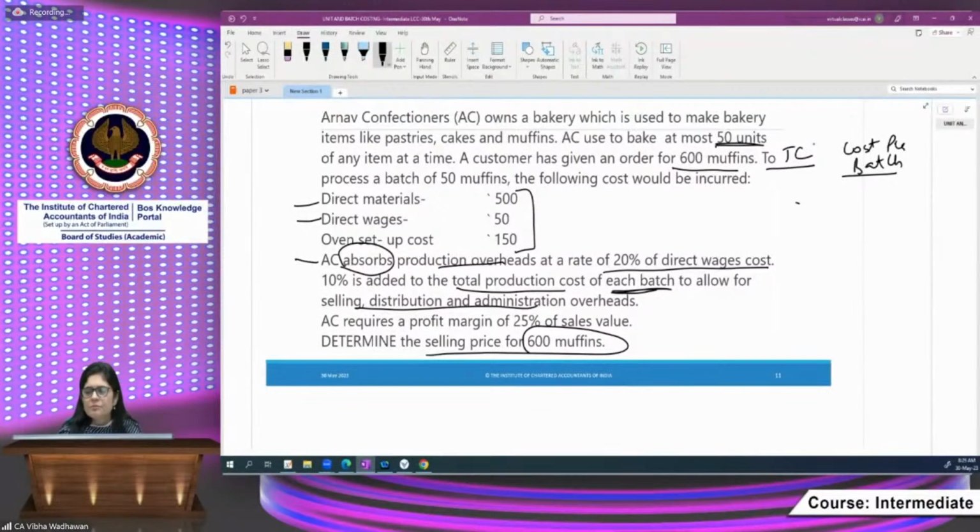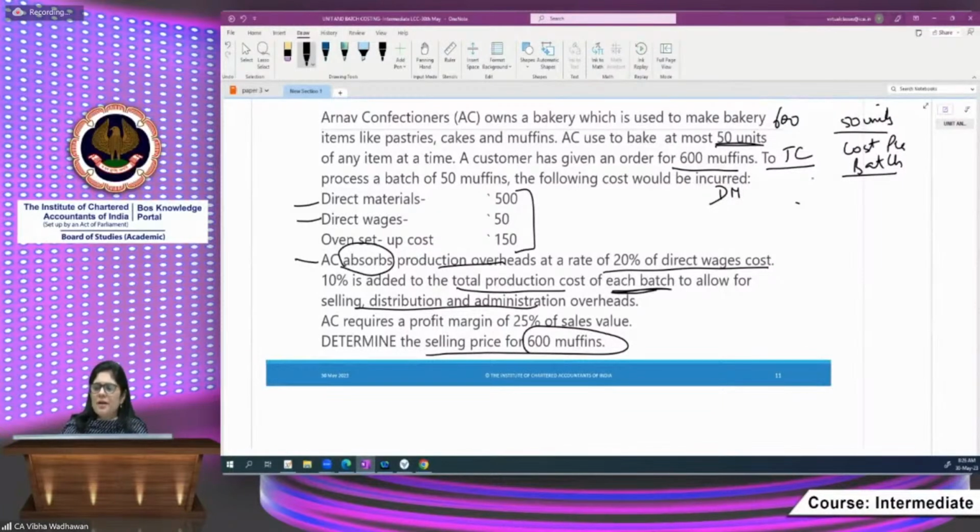Cost per batch means 50 units. Total cost will be for 600. So you can make cost per batch and then cost per unit also. Clear? So let's start with direct material first. Start the question, please.